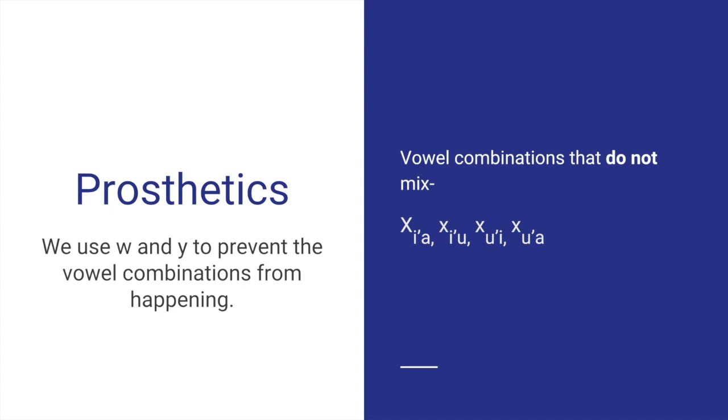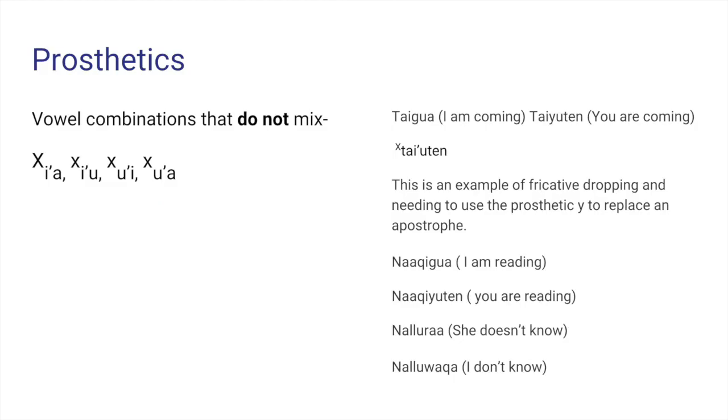U'(A) no. So in order to keep these vowel combinations from happening, we insert W and Y. So this comes with fricative dropping because it happens with fricative dropping.